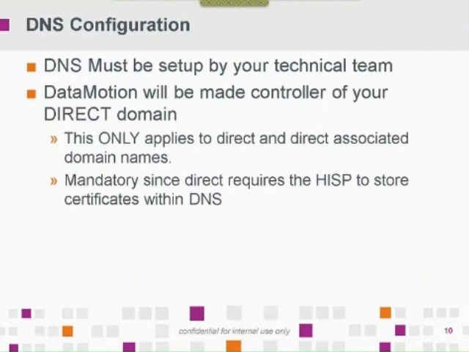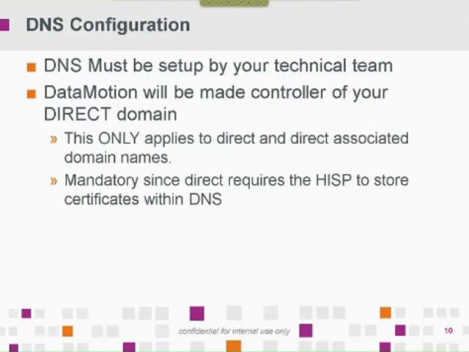When we talk about DNS, we covered domains a little bit in the prior slides. This is commonly done by a technical team or your outsourced IT team. The reason this has to be done is that DataMotion must reply to direct mail requests.